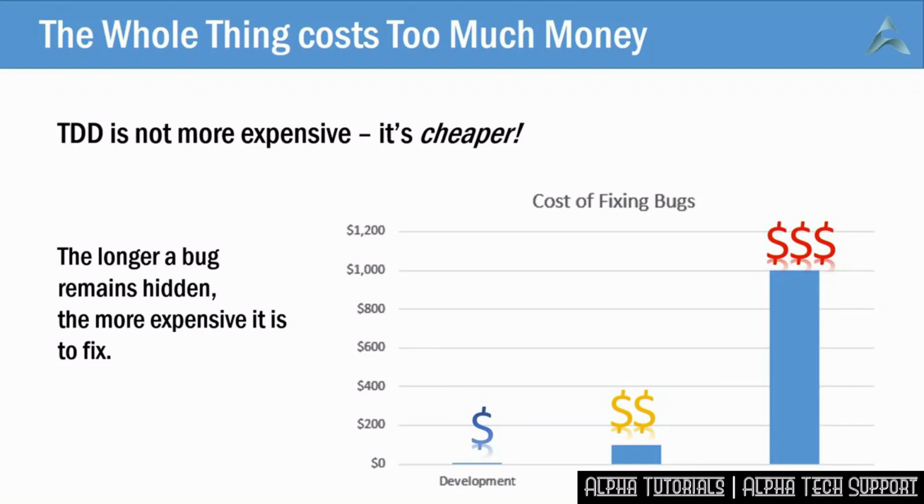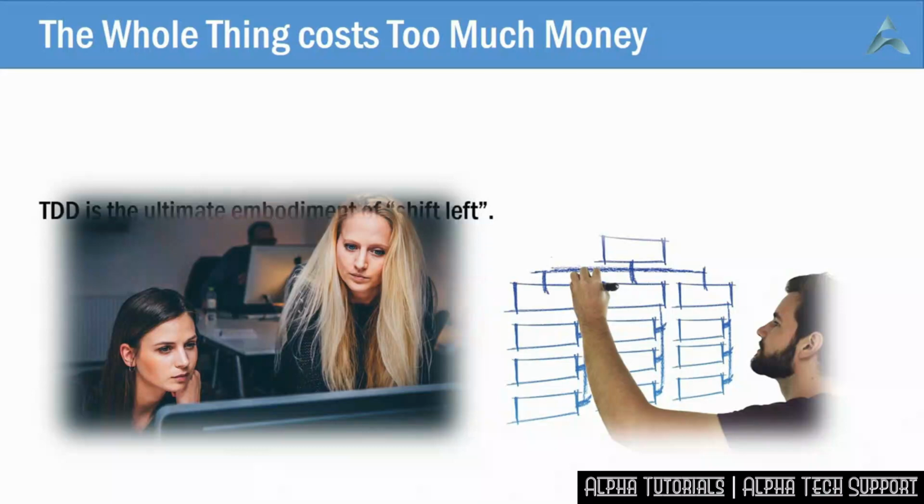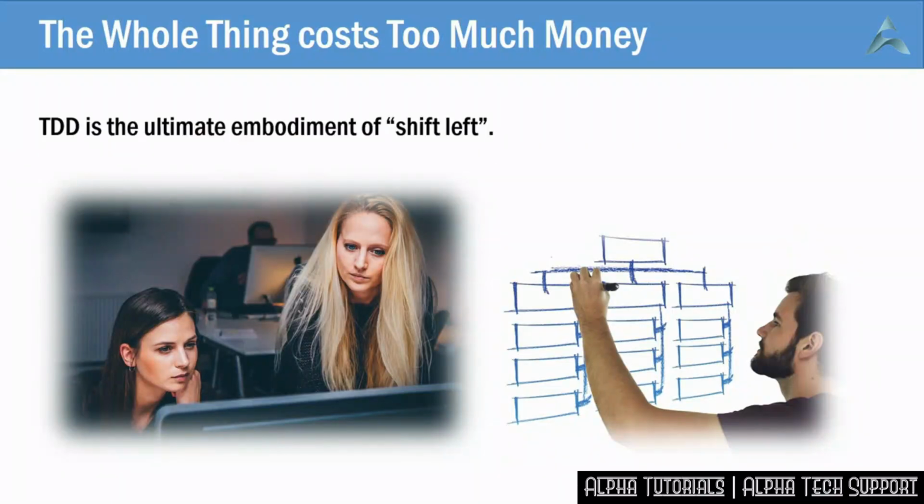As might be imagined, the way to fix this situation is as obvious as the nature of the problem itself. Fixing and finding bugs early in the development process is called shifting testing left, and TDD is the ultimate embodiment of this.